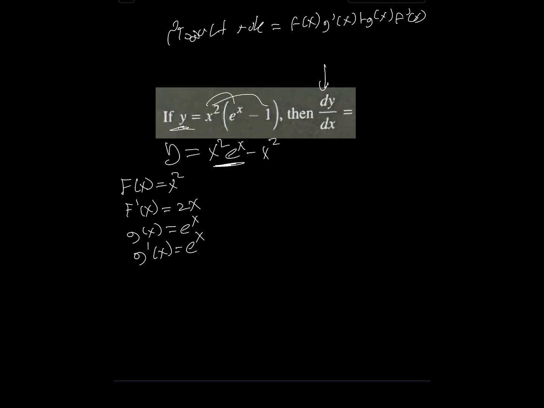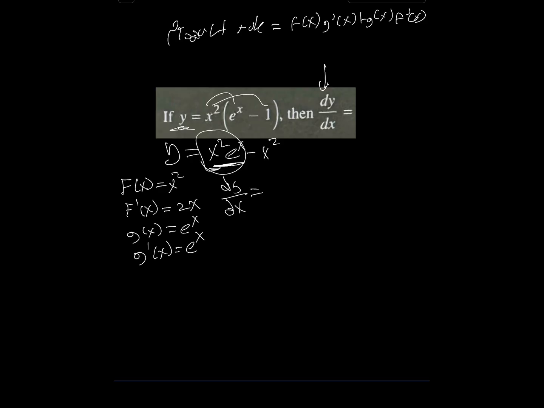From here, we can go ahead and distribute everything, and dy over dx is going to equal, so like I said, we're going to use the product rule right here.